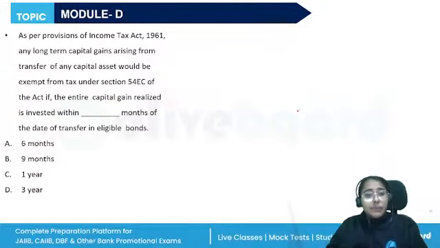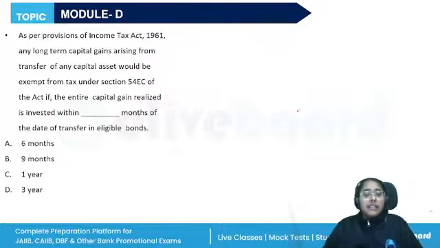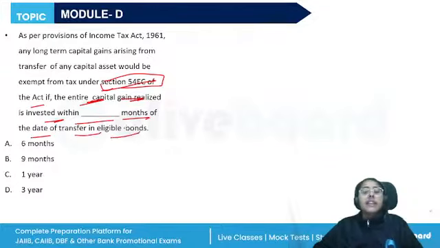Next, as per provisions of Income Tax Act 1961, any long-term capital gains arising from transfer of any capital asset would be exempt from tax under section 54 EC of the Act if the entire capital gain realized is invested within dash months of the date of transfer in eligible bonds.